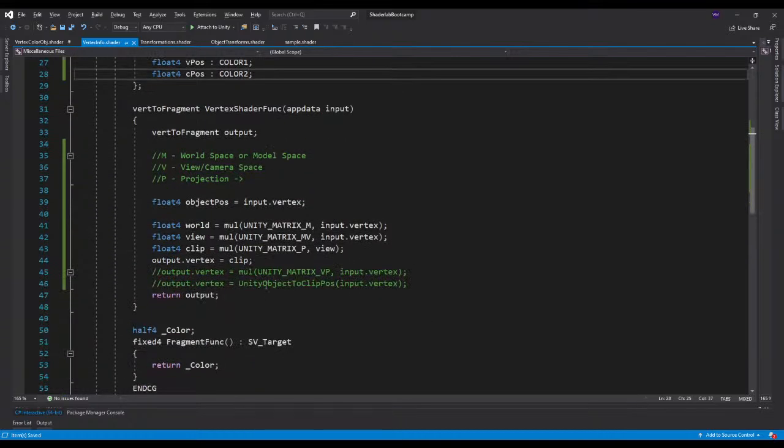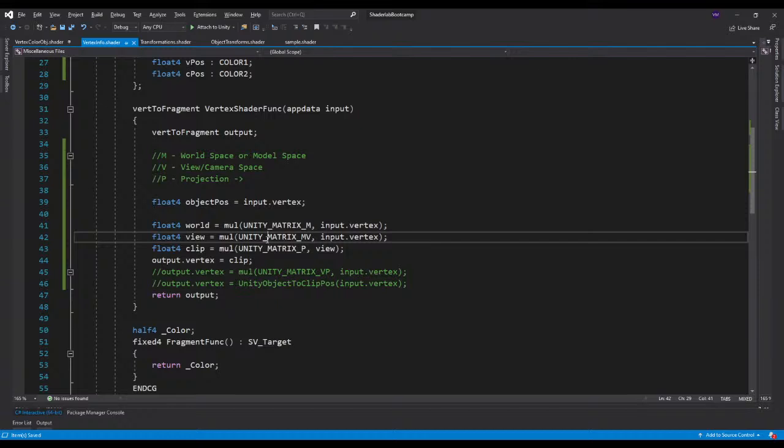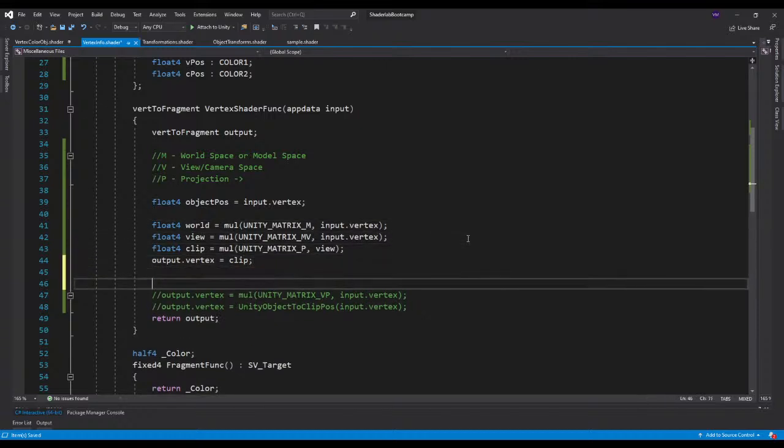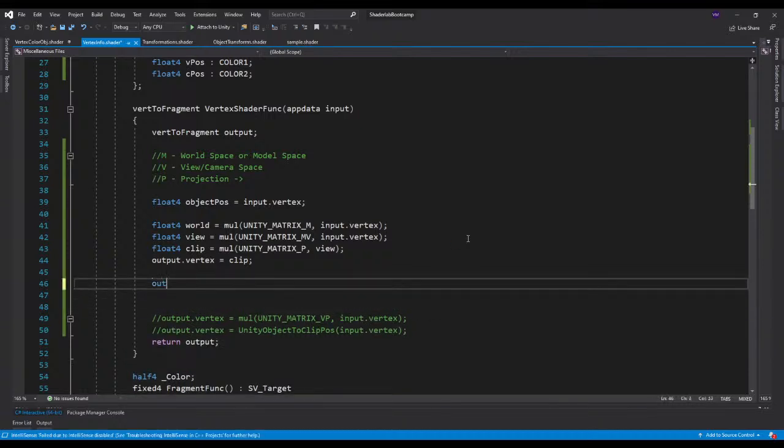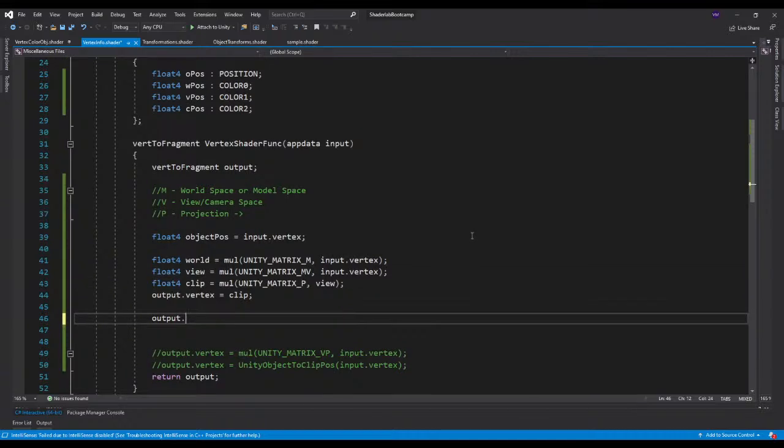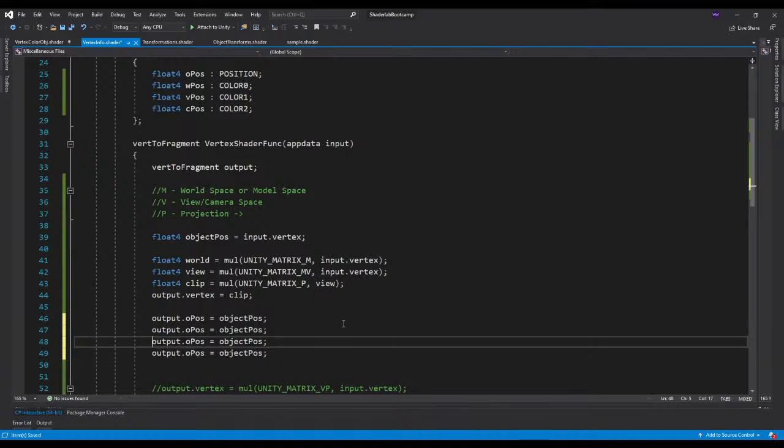If I do this, what I have to do next is keep in mind not to let the structure be empty at any point of time, which means at this point I have to say output dot object space is going to be my object position, then world space, view space, clip space.